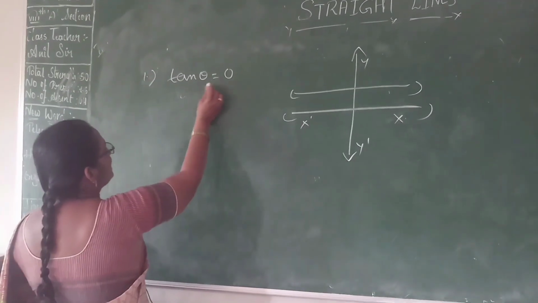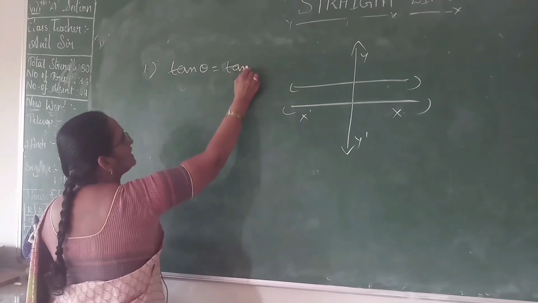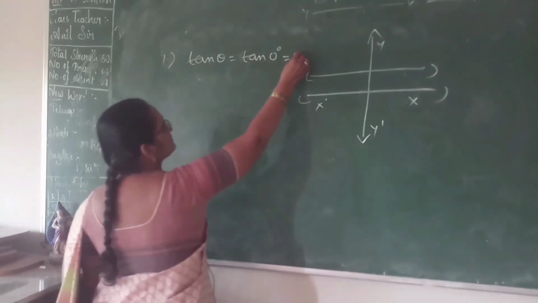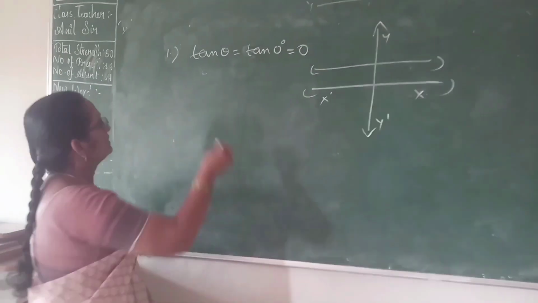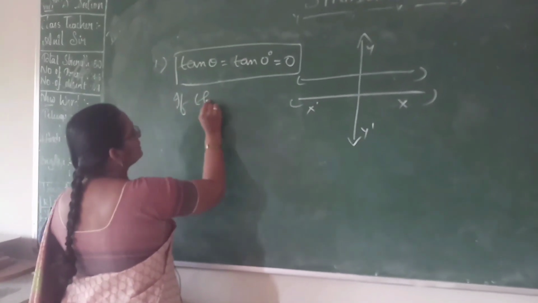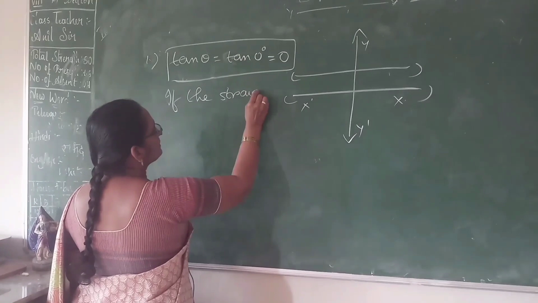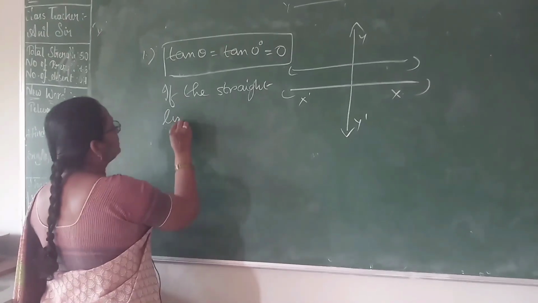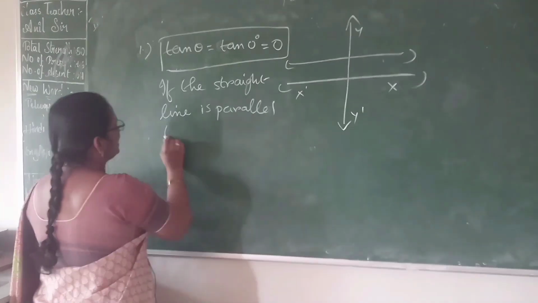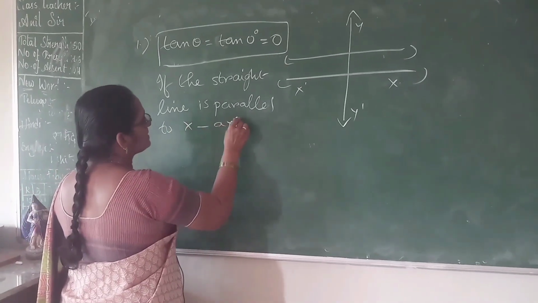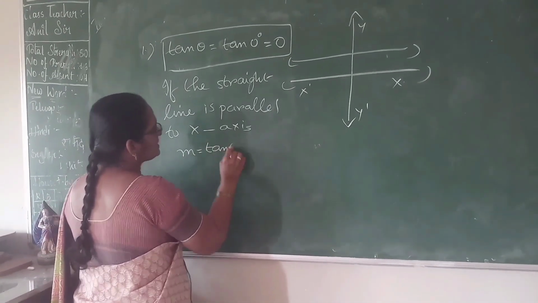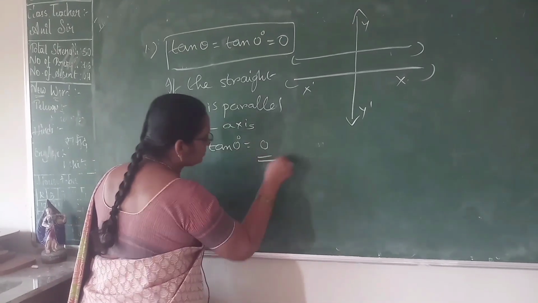So here tan theta is equal to tan 0 degree, and you know the value of tan 0 is 0. If the straight line is parallel to the x-axis, then m is equal to tan theta, that is tan 0, which is equal to 0.